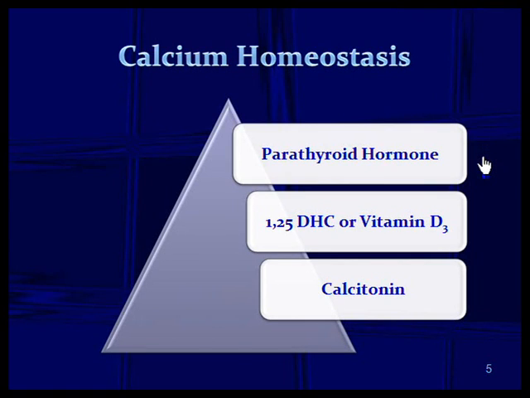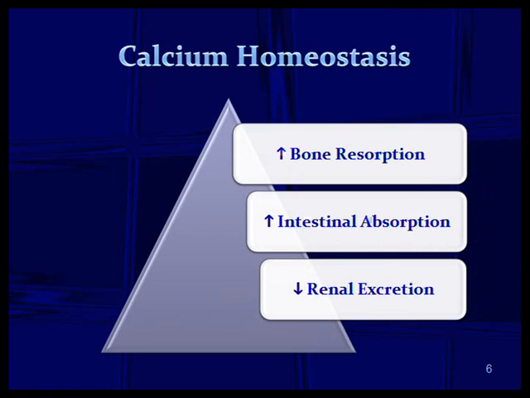The PTH, also known as parathyroid hormone, and then of course the active form of vitamin D3, which is 1,25 dihydroxycholecalciferol, also known as calcitriol, and of course the third hormone is the calcitonin. So the homeostasis of calcium is dependent mainly on parathyroid hormone, vitamin D3 and calcitonin.